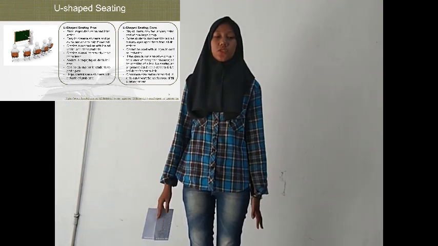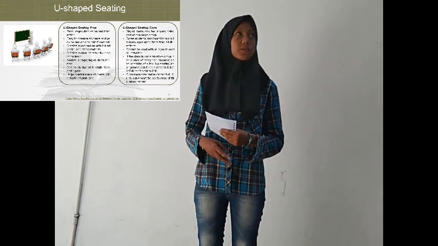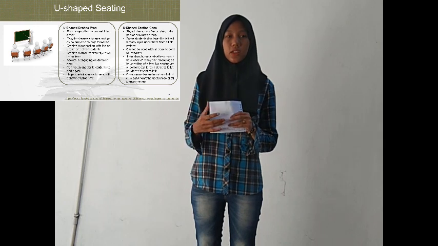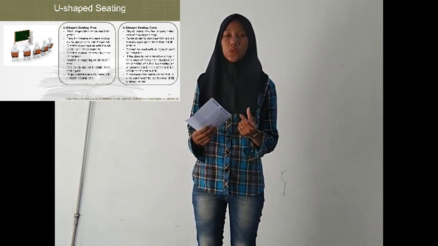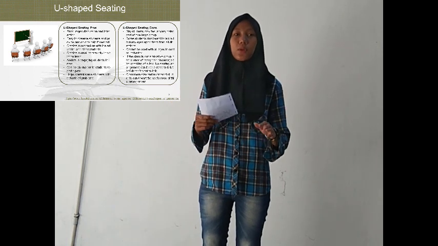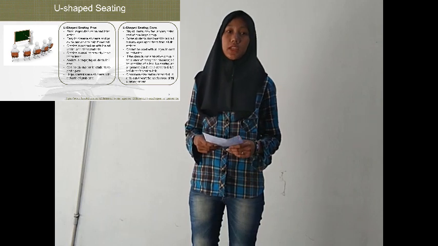So the second is U-shape seating. U-shape seating is when the classroom arrangement has the desks arranged like the vowel U, like this. And there are pros and cons in the U-shape seating arrangement.